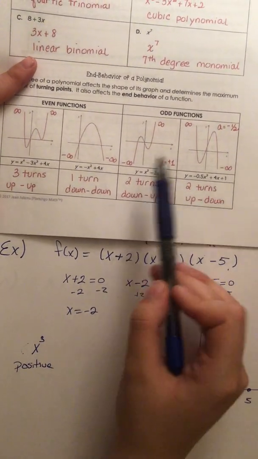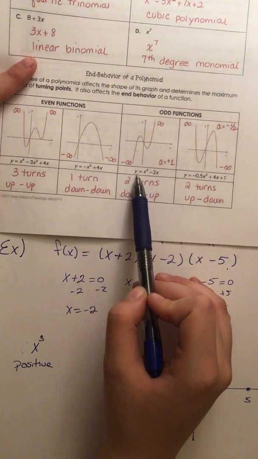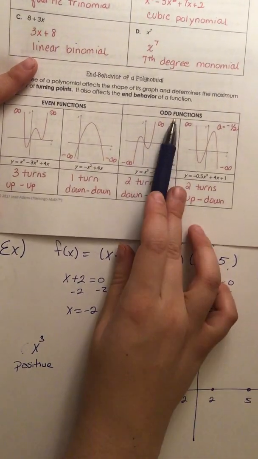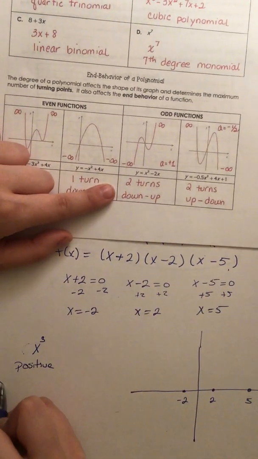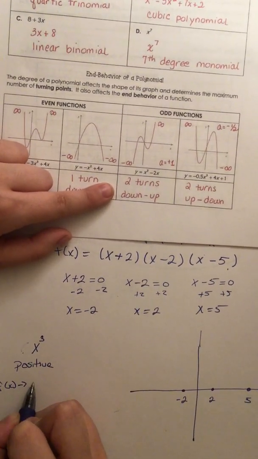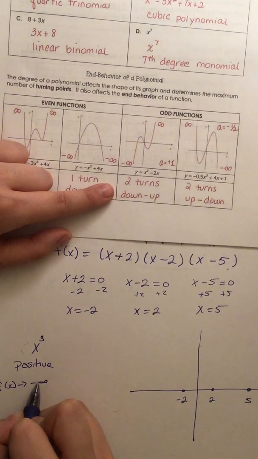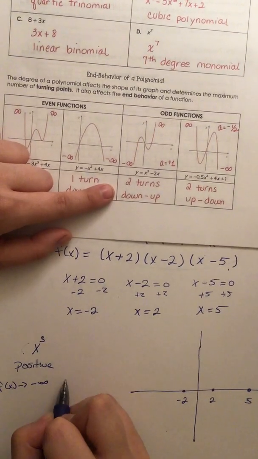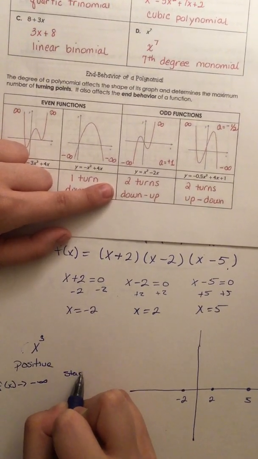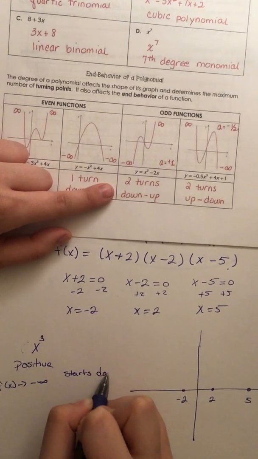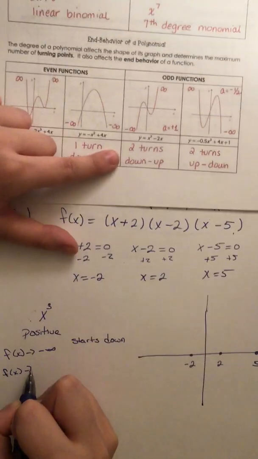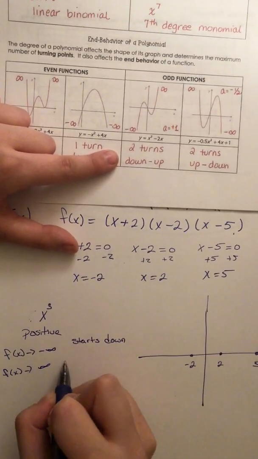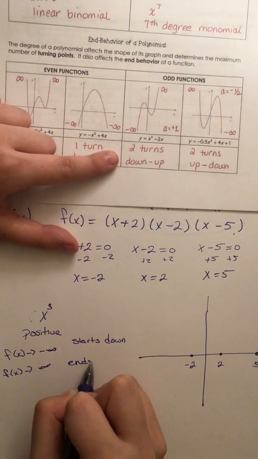So we go over here, when a is positive of an odd function, that tells us that as the function goes to negative infinity, it starts down, and when the function goes to infinity, it ends up.